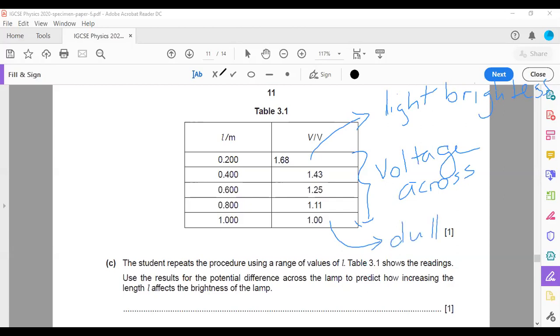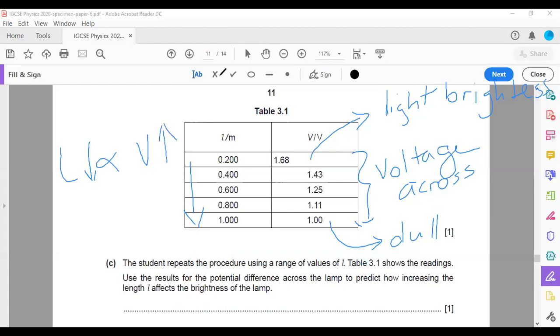So if you notice, as the length increases, your voltage is going to decrease. So L is inversely related to V. So when L increases, your V decreases.